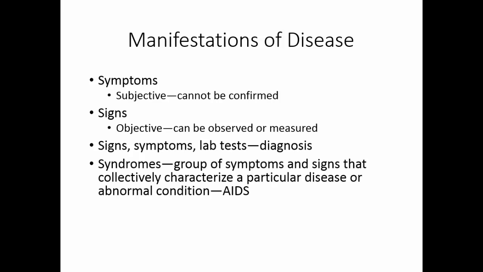A syndrome is a group of symptoms and signs that, when we see them all together, characterize a particular disease or abnormal condition. AIDS, acquired immunodeficiency syndrome, is that cluster of signs and symptoms that include a positive HIV test, a reduced CD4 count, and the presence of certain marker diseases, certain pneumonias, cancers, or gastrointestinal diseases.